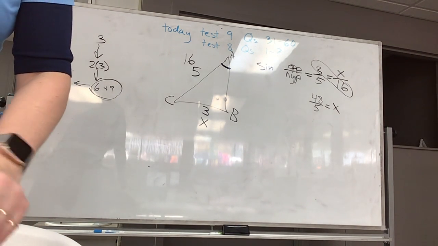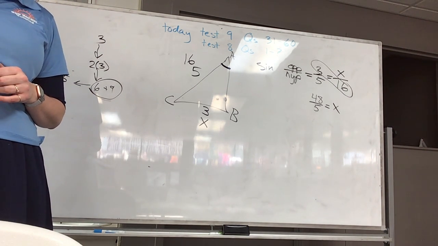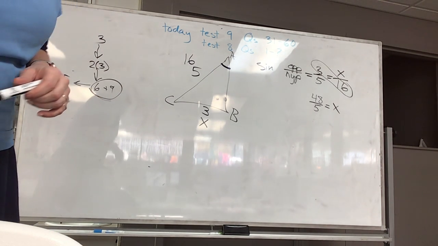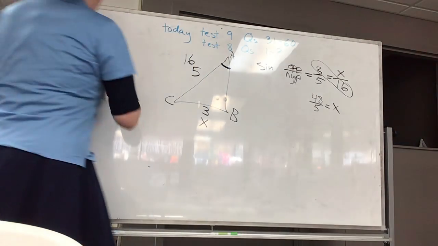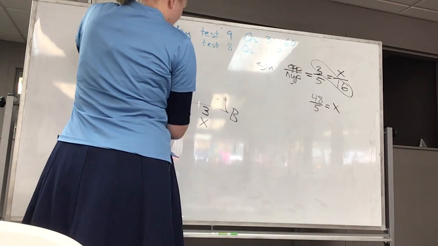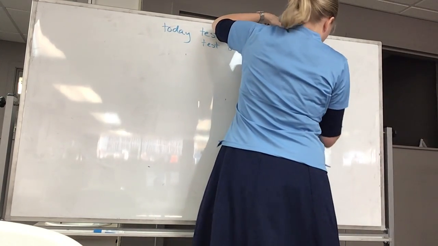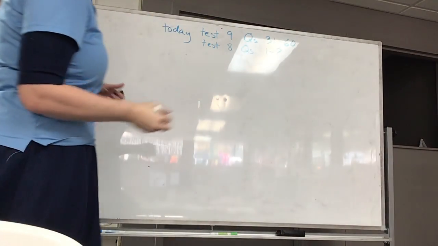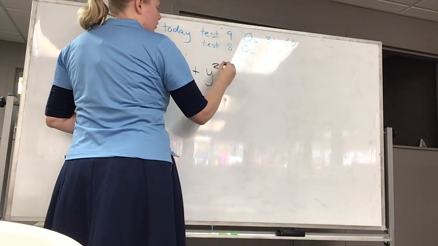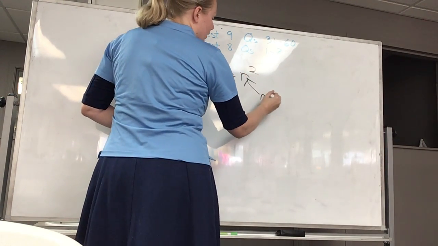All right, 39. Have you guys even seen circle equations yet? So, the equation of a circle is based on a very important idea that we have x squared plus y squared is equal to r squared, where this is the radius.